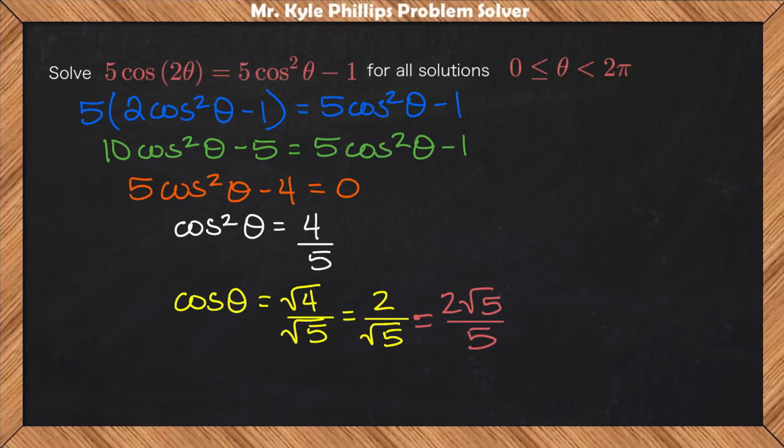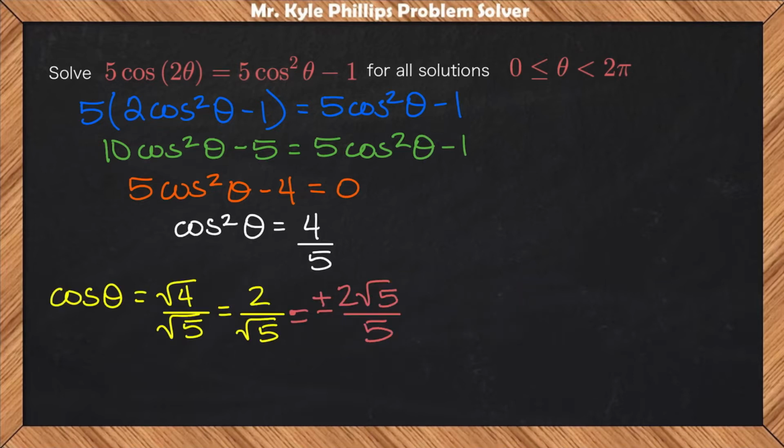Now, because we are taking the square root, we're going to have to remember our plus and minus sign. So here we want to make sure that this is plus and minus. The reason we want to know that is because we're still looking for the solution of theta. So to undo this cosine, we're going to have to use the inverse, and we're going to have to find the inverse of positive 2 root 5 over 5 and negative 2 root 5 over 5.